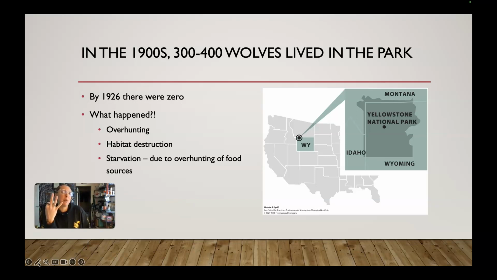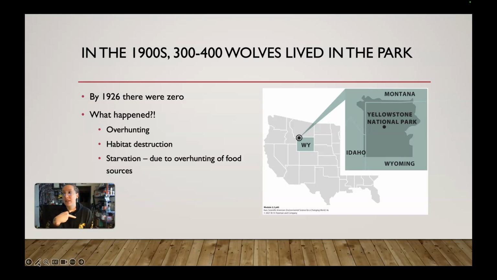There were three main things that got the wolves. One was overhunting. The United States Predator Control Program intentionally killed over 136 wolves from the years 1914 to 1926, so there was literal intentional hunting going on there. The next was habitat destruction.